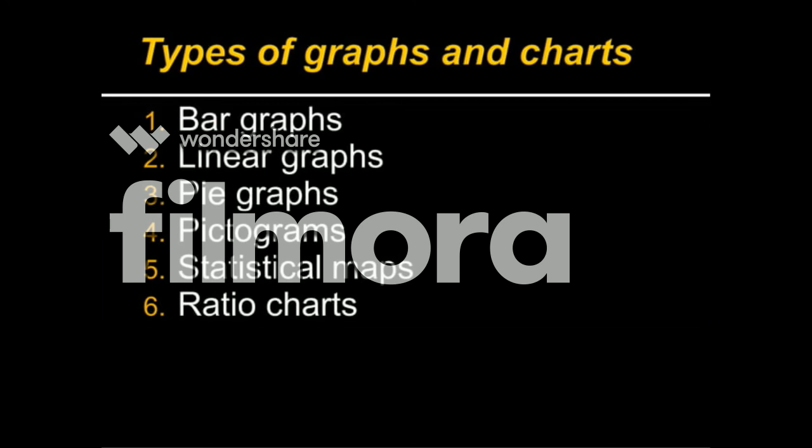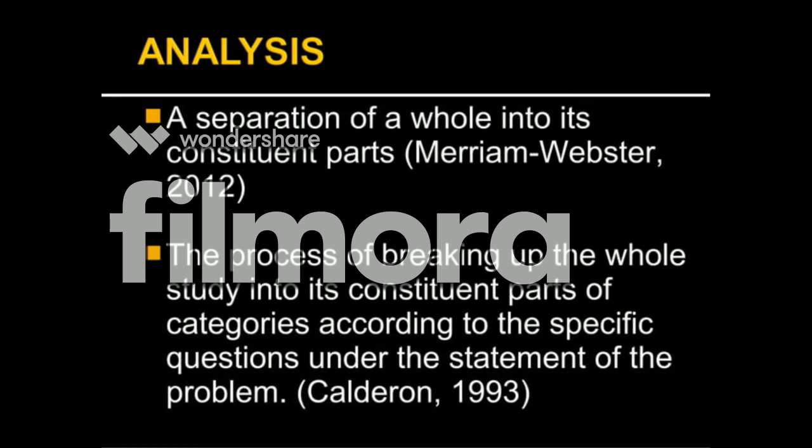We have the bar graphs, linear graphs, pie graphs, pictographs, statistical maps, and radio charts, which we are so familiar with because we have already conducted series of researches before when we were doing our masters.